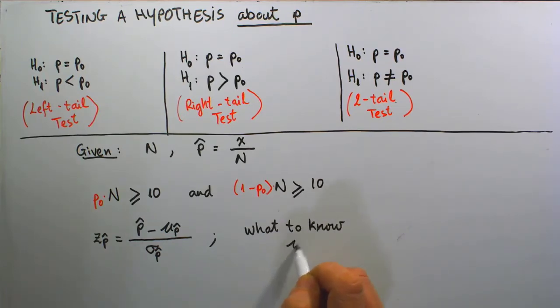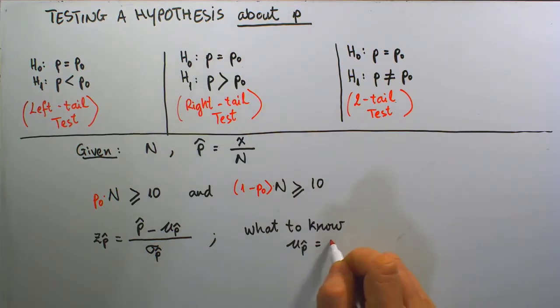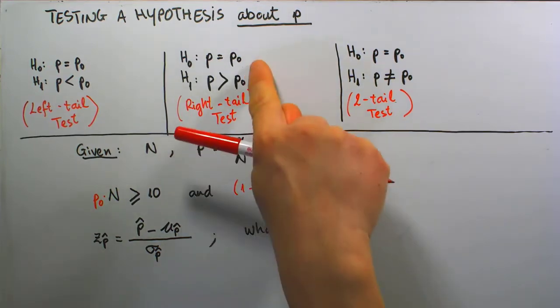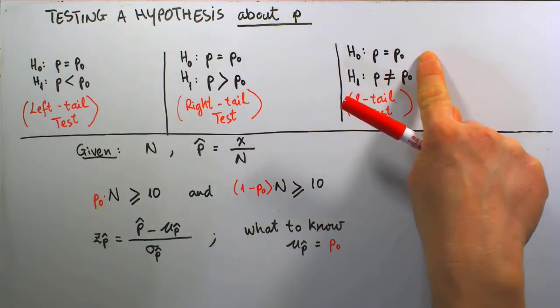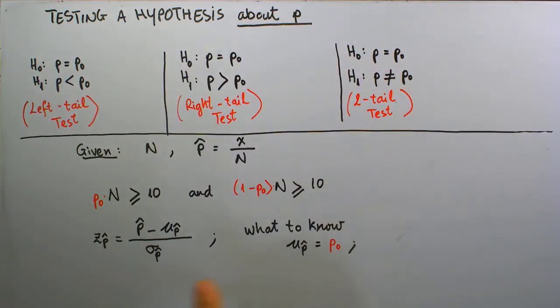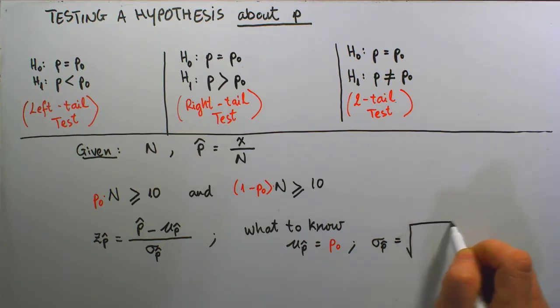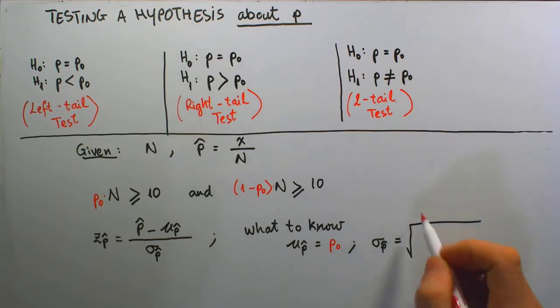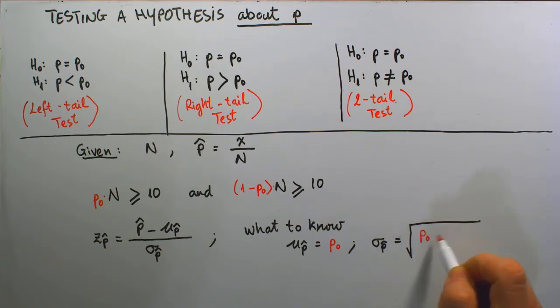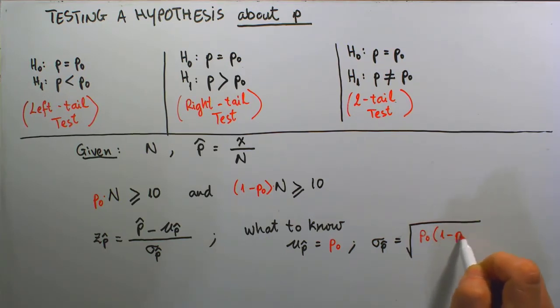The mu p hat will always equal the p sub 0 that is claimed in the null hypothesis. The sigma p hat that we are using in our calculation of the z-score can be found by doing the following mathematical operation. We take the square root of p sub 0 times 1 minus p sub 0 in parentheses.